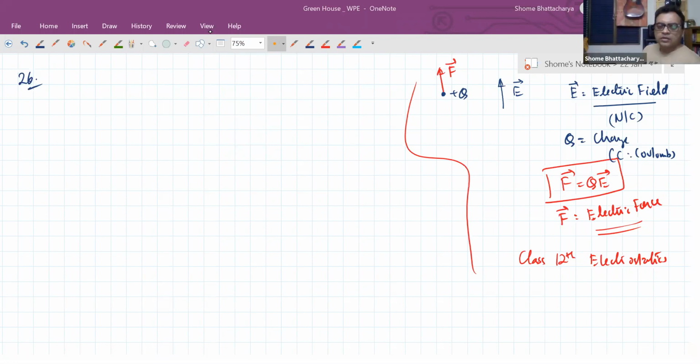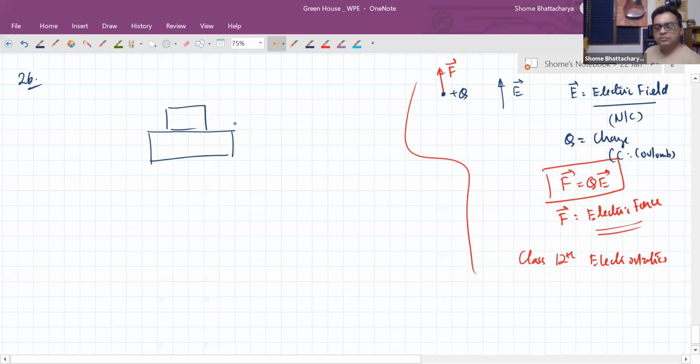Okay. So obviously what is happening now is that in addition to the mechanical forces which are applied on the system, there is also the complication of electrostatic force being there because of the presence of this electric field.